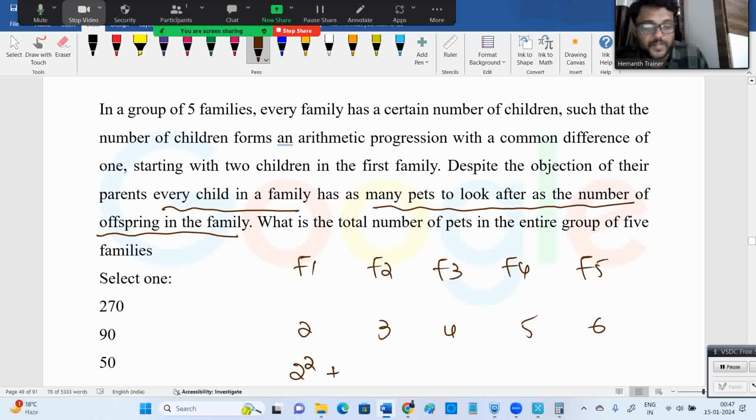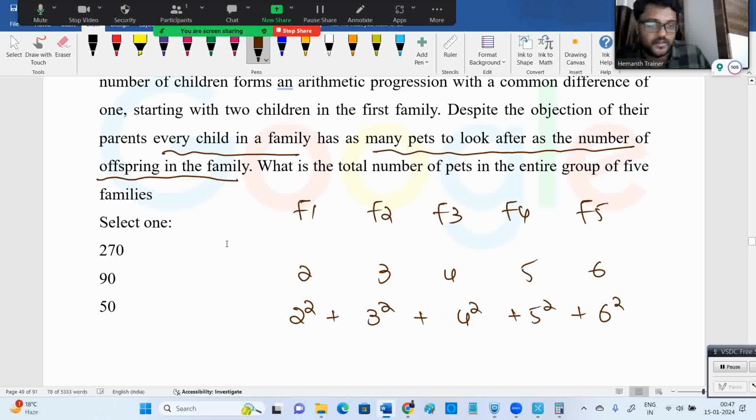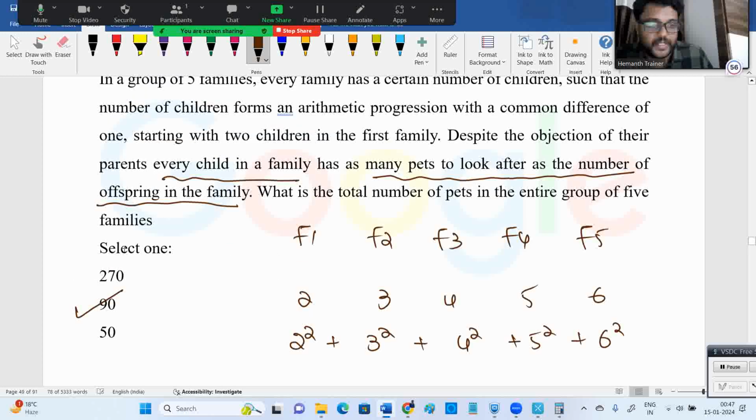Here there are 3 children in the family, so 3 square, 4 square, 5 square plus 6 square. So it's like the sum of squares except 1. We have 36, 25, 61, and 16, 77 plus 13. Okay, you get 90. The total number of pets in the group is equal to 90.